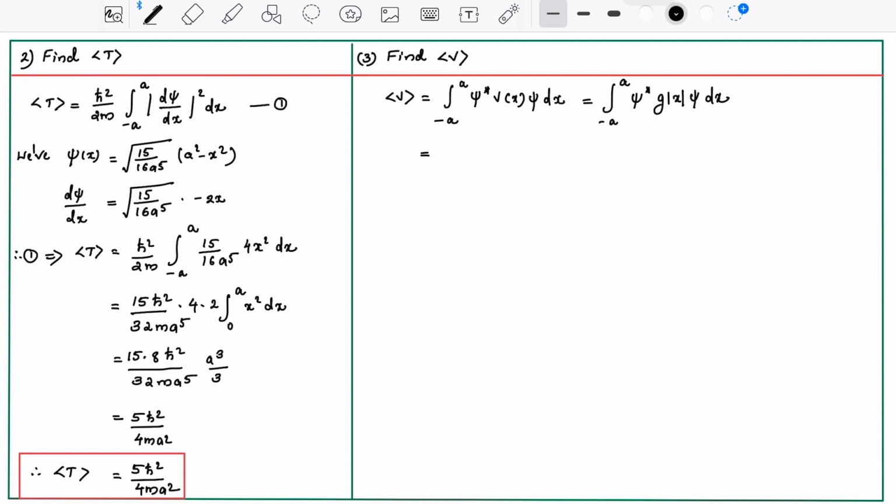Now substitute the value of ψ and ψ star in the integral.